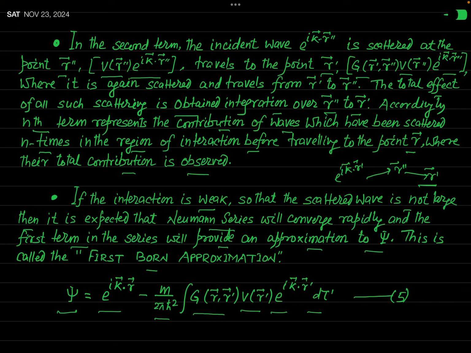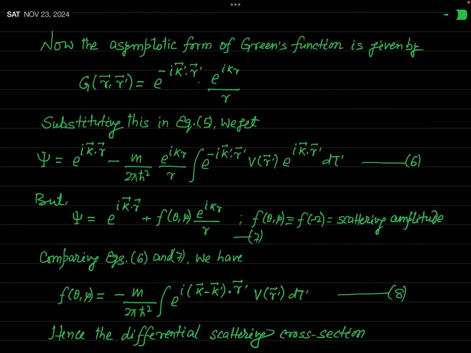Now we will talk about the asymptotic form of Green's function. As I have discussed earlier in my video, the asymptotic form of Green's function is defined like this: G of r comma r dash is equal to e to the power minus i k dash dot r dash times e to the power i k r over r.